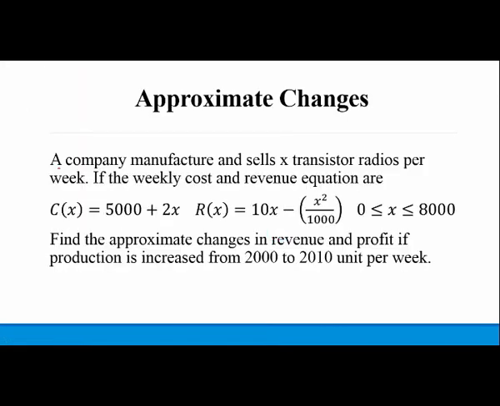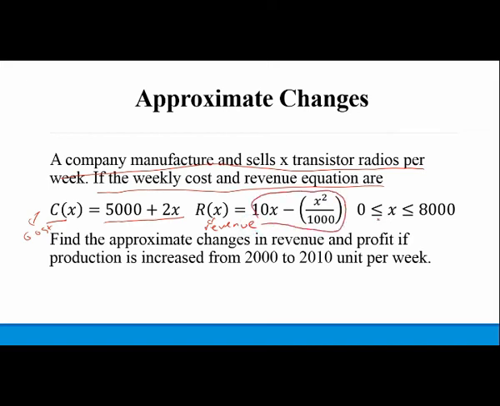Let's say for this one, a company manufactures and sells x transistor radios per week. If the weekly cost and revenue equations are C(x) = 5000 + 2x, this is the cost, and this is the revenue, R(x) = 10x minus x squared divided by 1000, in the range 0 to 8000.